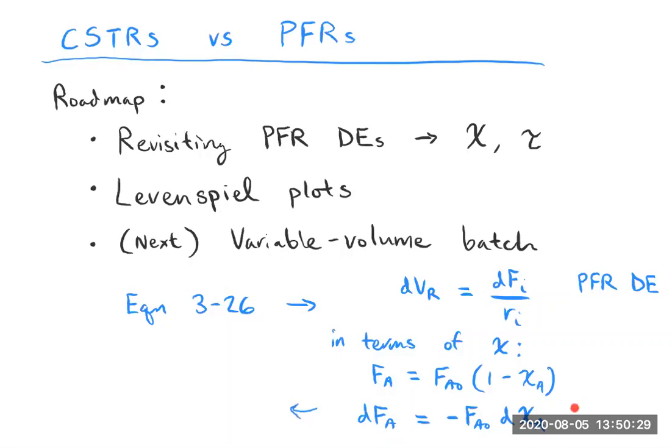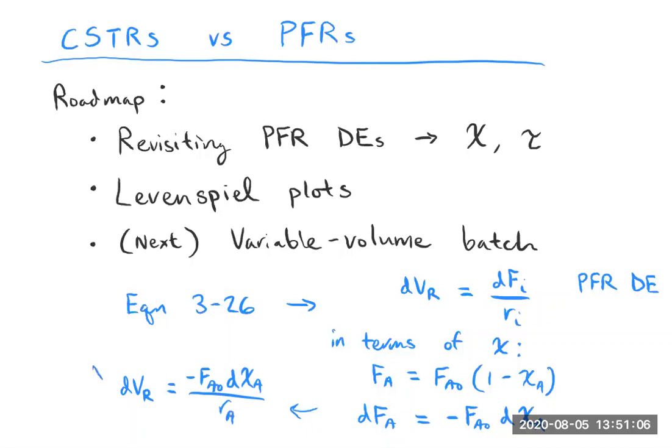If we substitute this back into here, that should give us dVr equals, and now we can just put this on the numerator, negative FA naught times dXA over Ri. But since we've used A, we'll just write RA. Great, okay.